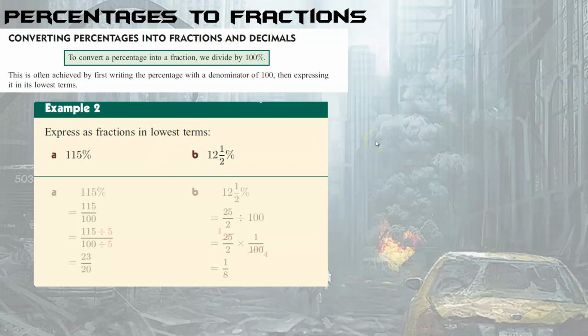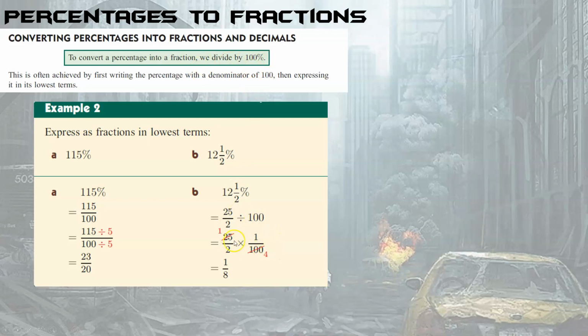To show you an example here, if I'm expressing 115% as a fraction, I go 115% divided by 100% because I'm dividing by 100%. So 115 divided by 5 as my common factor gives me 23 on 20 as my fraction. Here, if I had 12.5%, probably the first thing I want to do is convert that to an improper fraction because it's easier. And then I divide by my 100 here because that's my 100% process.